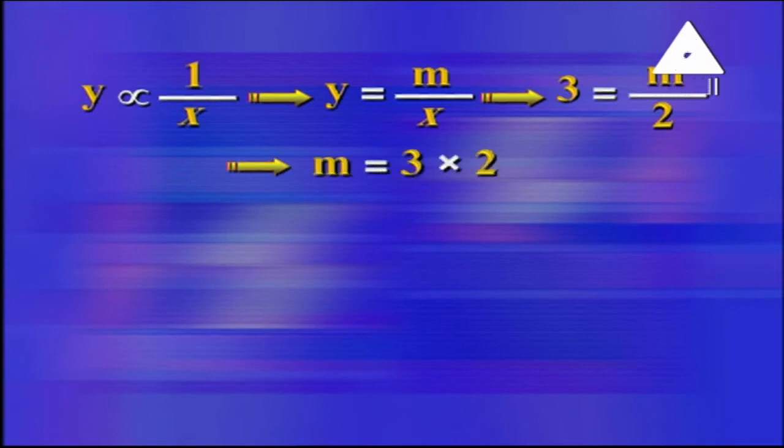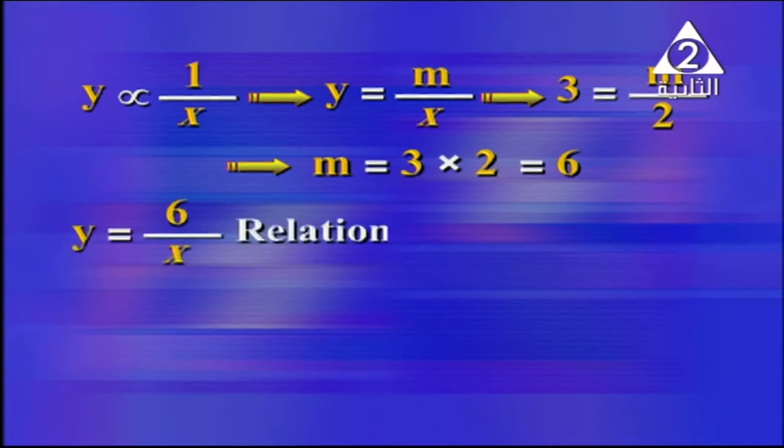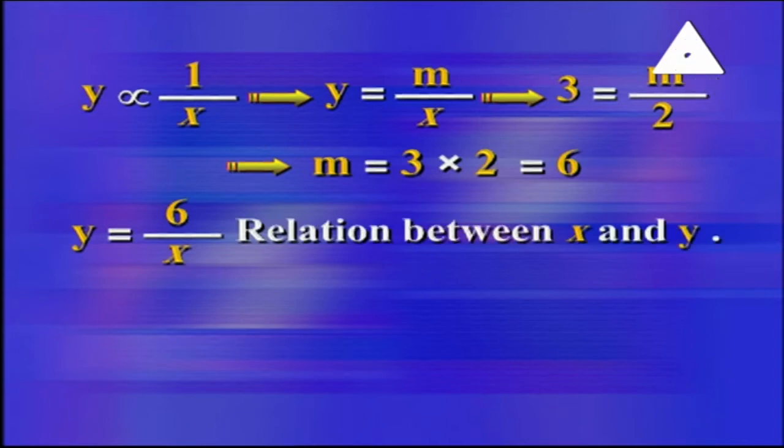By substituting the values y equals 3 and x equals 2, we get 3 equals m over 2. By cross multiplication, m equals 3 times 2 equals 6. So y equals 6 over x, and this is going to be the relation between x and y.